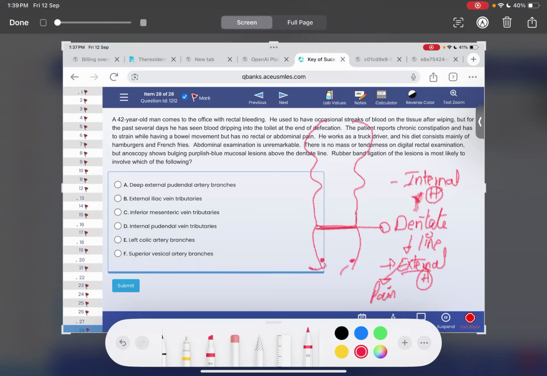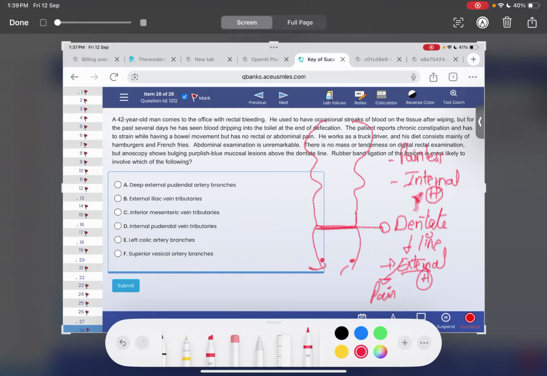Whenever there is a painless hemorrhoid, that will be the internal hemorrhoid. So these are the clinical features. On the basis of history, you ask the patient whether they feel pain whenever they defecate or not.